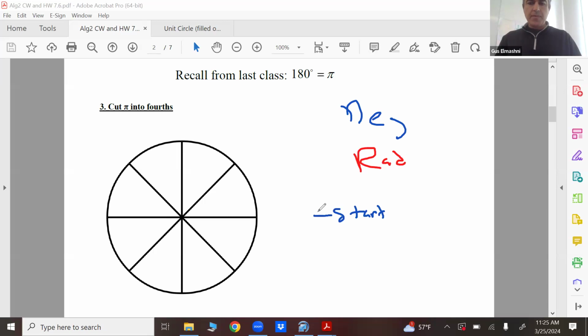We start here. This is the positive direction. That's a positive direction. Counterclockwise, CCW short for counterclockwise.